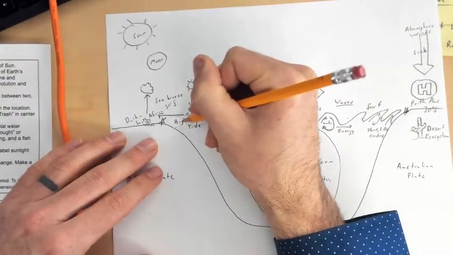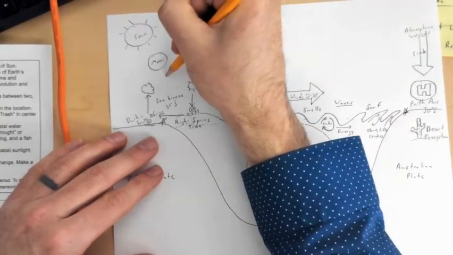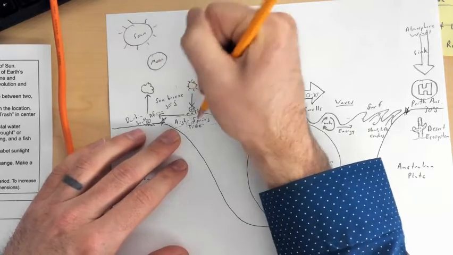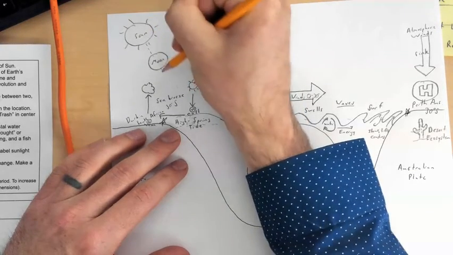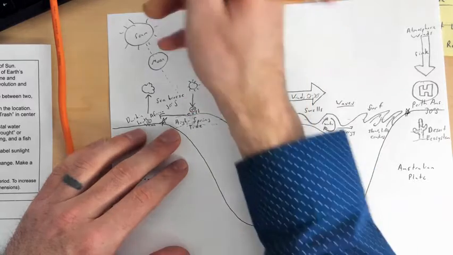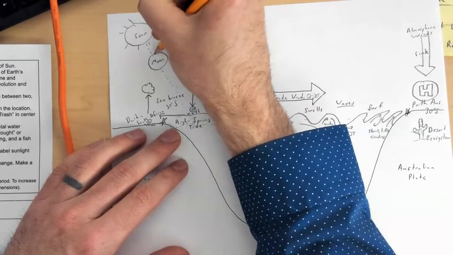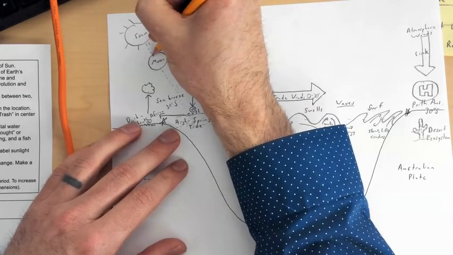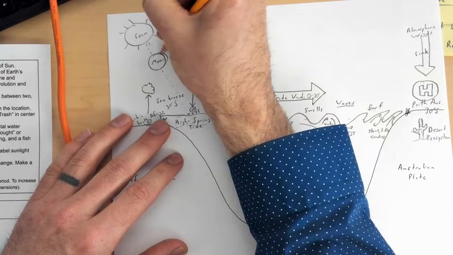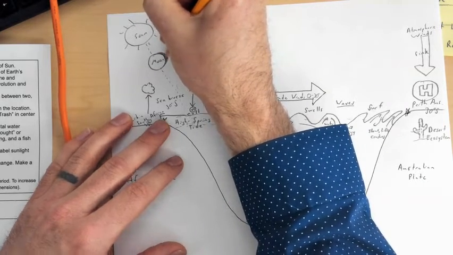Now, in order to get a high tide, we're going to have the moon closest to the earth or furthest from, but we should be able to see the moon. And then if they're in line with each other to make the spring king tides, then the moon is going to be blocking out much of the sun, or where the sun is shining on the backside. So this is going to just be a crescent moon being seen here.